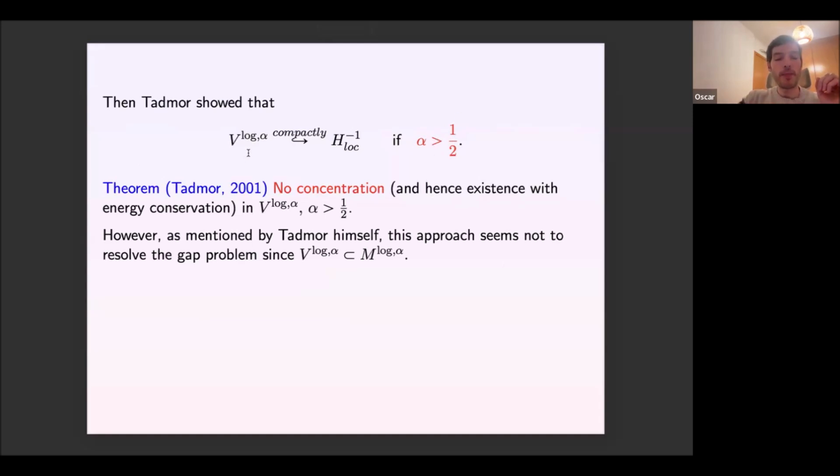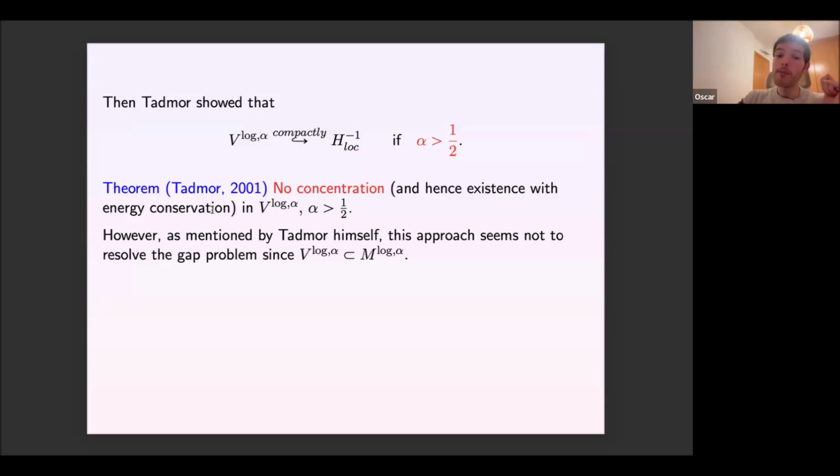So this space is compactly embedded into H^-1, and as an application of the H^-1 stability method, one can conclude no concentration occurs in V spaces with alpha larger than 1/2, and in particular, energy conservation holds.